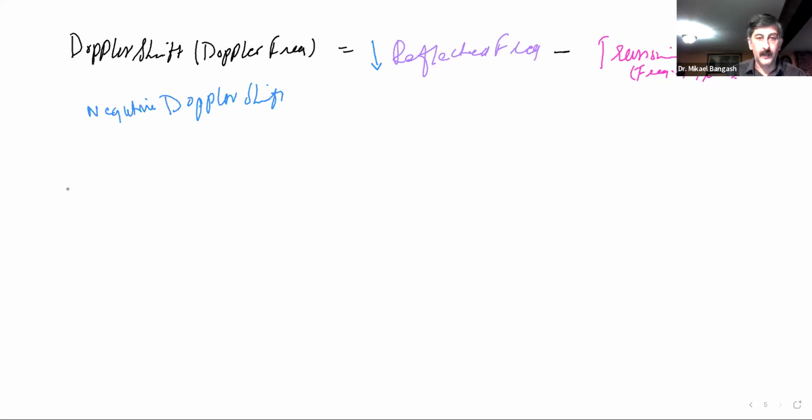Whereas if we went the other way and this one here was greater and this one here was lesser, that was going to be a positive Doppler shift.